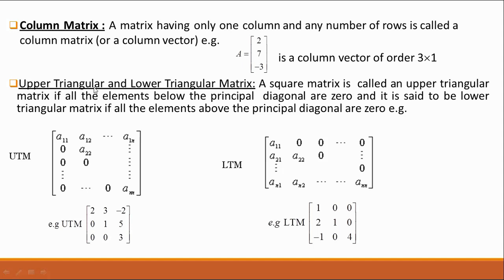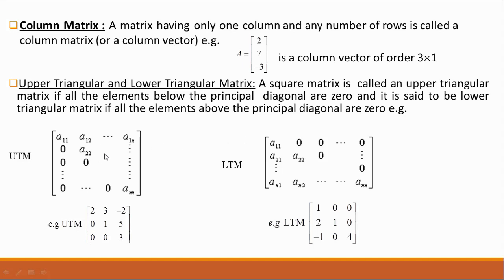Now what is an upper triangular matrix and a lower triangular matrix? A square matrix is called an upper triangular matrix if all the elements below the principal diagonal are zero, and it is said to be a lower triangular matrix if all the elements above the principal diagonal are zero.